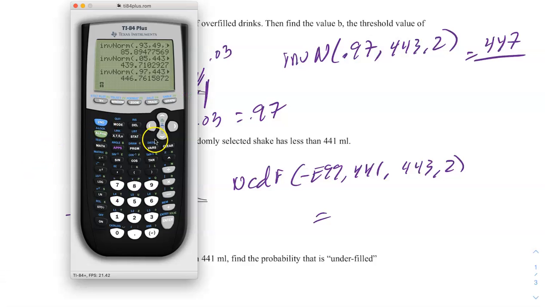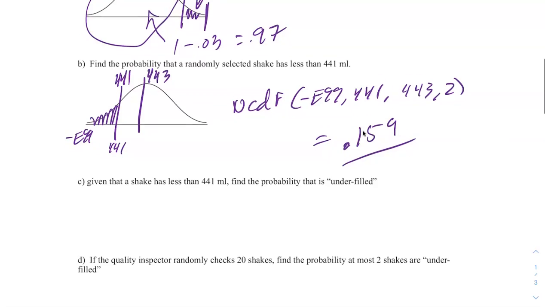Normal CDF, negative E99, 441, 443, and 2. So I get about 0.159, almost 16%. So about 16% of our drinks are less than 441.